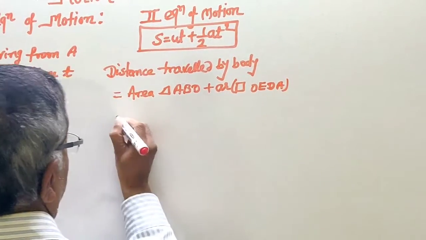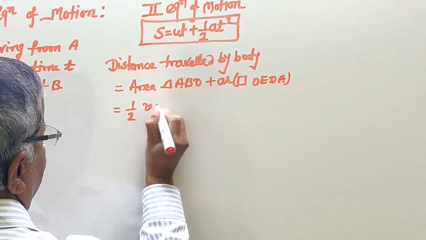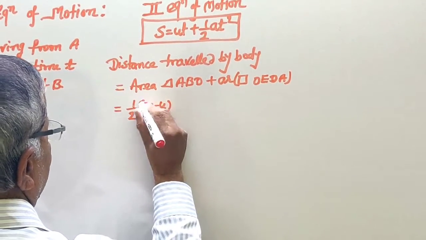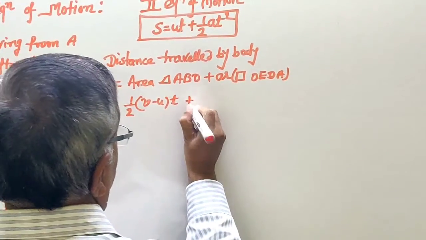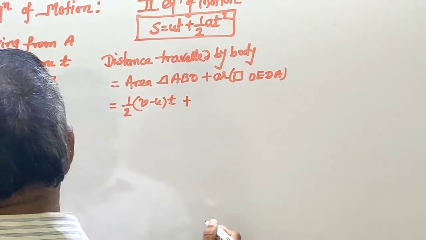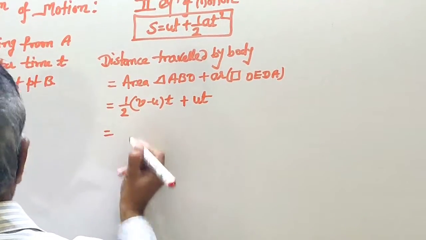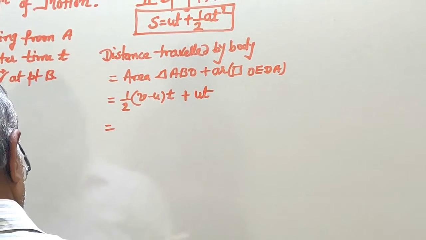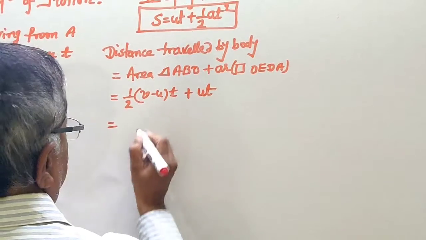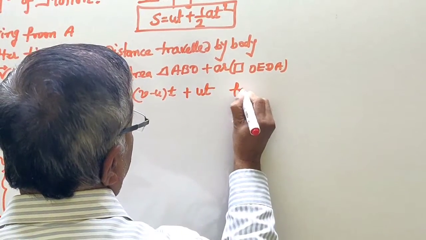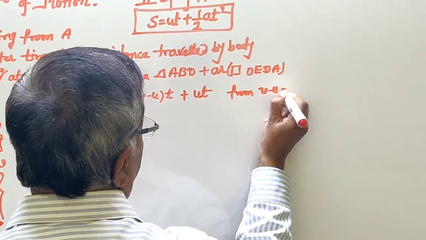Now the area of the triangle is half base into height, so half into v minus u into t. The area of the rectangle is length into breadth, that is ut. Now from the first equation I can substitute the value: v minus u is equal to at.